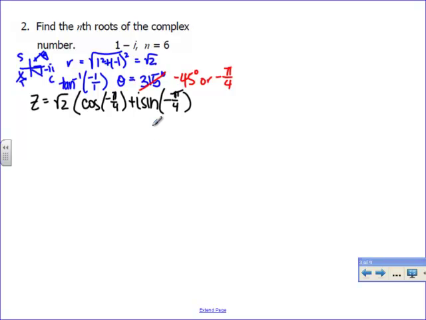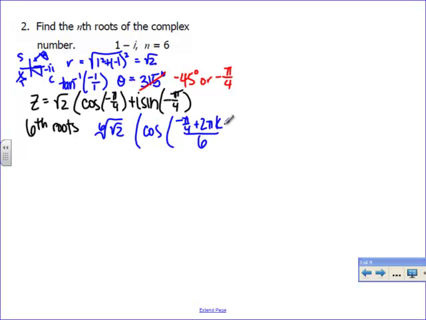So we take the 6th roots, which means I'm going to take the 6th root of the square root. Then I'm going to have cosine negative pi over 4 plus 2 pi k all over 6 this time, plus I sine of the same.